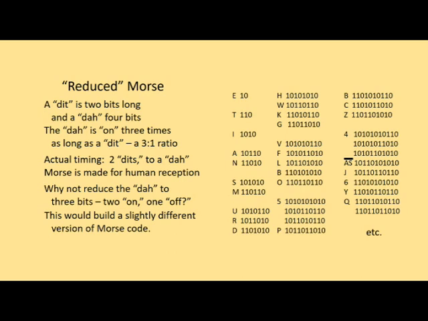Morse is a musical, rhythmic language made for human reception. However, if machines are listening to this, why not reduce the daw to just 3 bits, 2 on, 1 off? This would build a slightly different version of Morse, and we could take the 2-bit zeros and the 3-bit zeros and shorten them as well, and this can be done and is sometimes done.